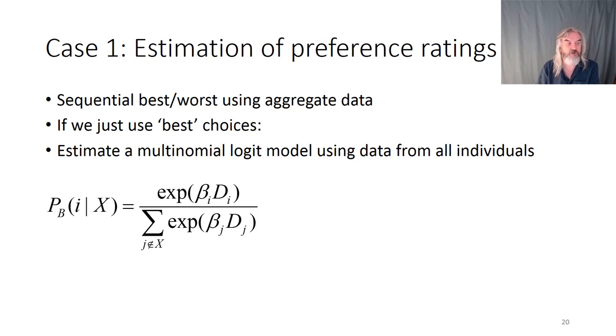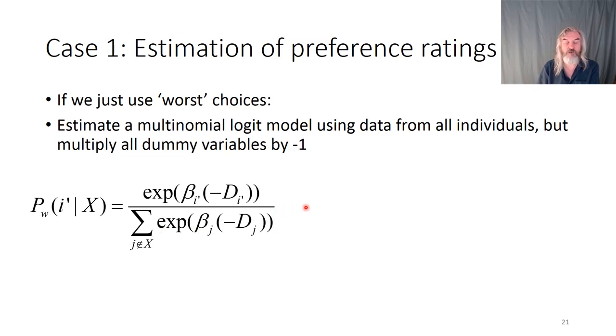And if you were to want to estimate this for the worst choices, well, what does that mean? Well, you just code up your data, but instead of these dummy variables appearing as D's, they appear with a -1. So that has the property of flipping the ordering, because we're interested in worst, not best. But you can see that these betas now are basically the same between the two models.